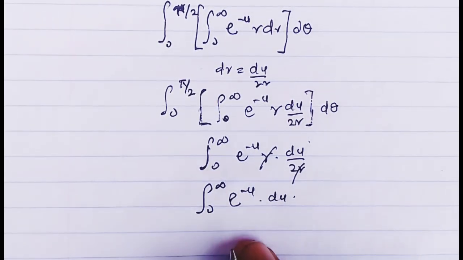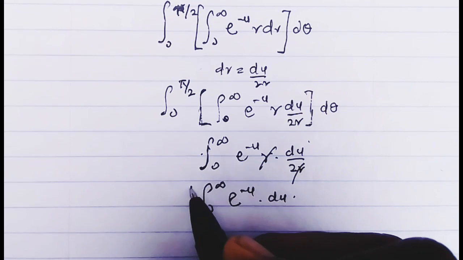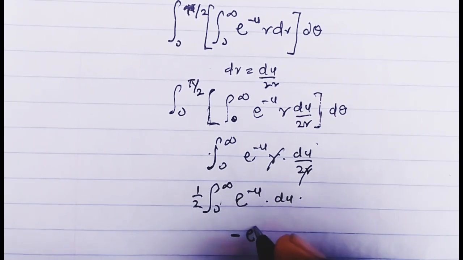We can easily integrate this. Remember since this is 2r, the 2 goes to the back and we're having half. Integrating exponential of minus u, before we input our limit, is the same thing as minus exponential minus u.